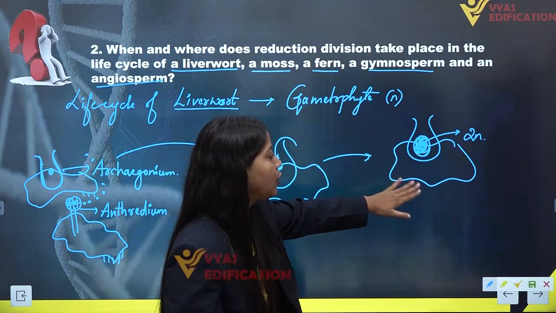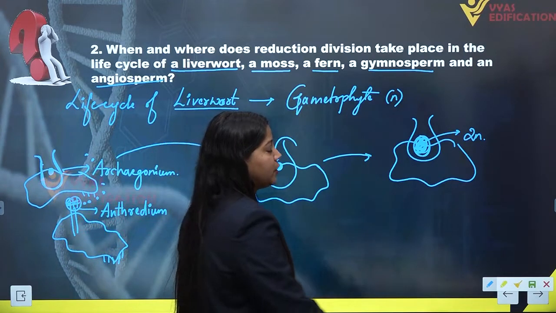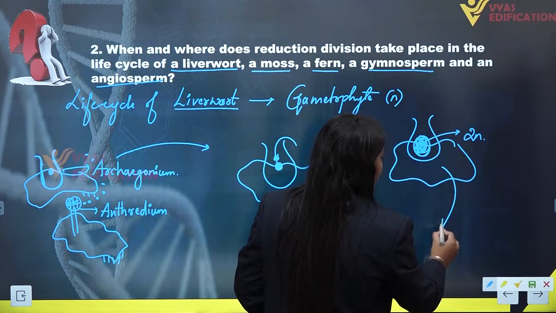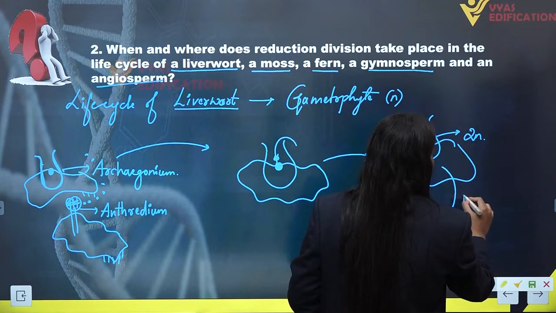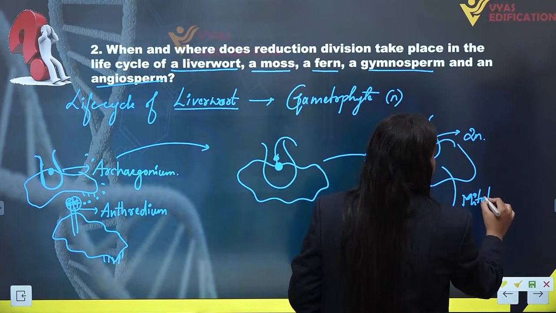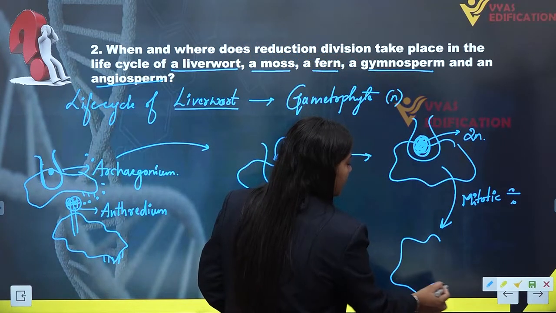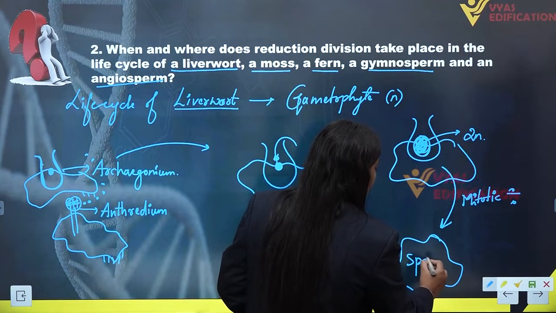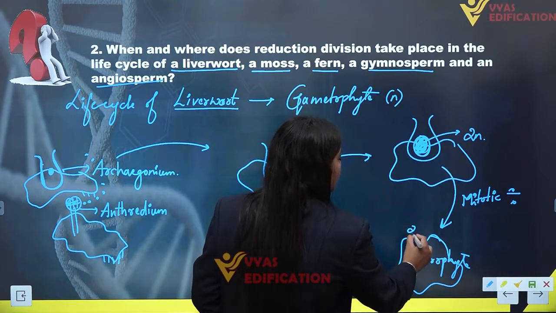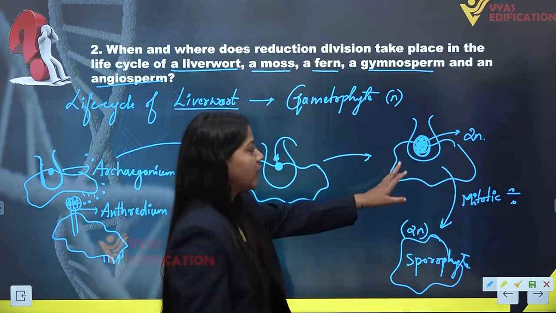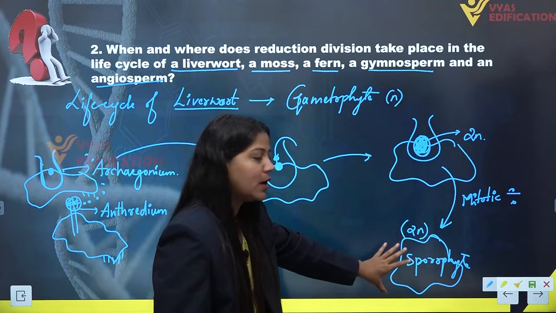This diploid zygote on the gametophyte will develop and convert into an embryo. Now what happens, this zygote will undergo mitotic divisions to form a sporophyte over here. We have the sporophyte, which is also 2n. As we know that the zygote is diploid, it will undergo mitotic division and form a sporophyte.